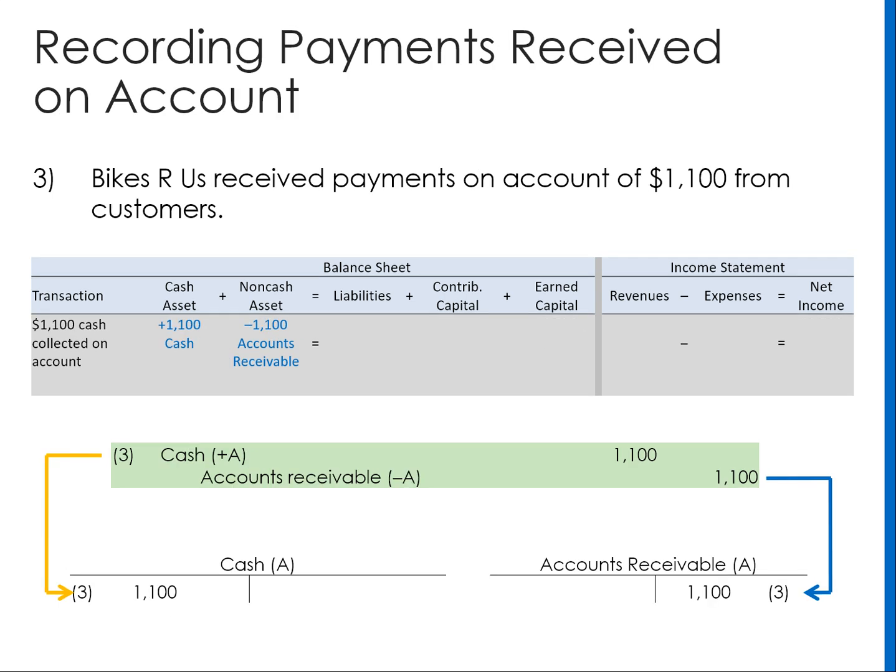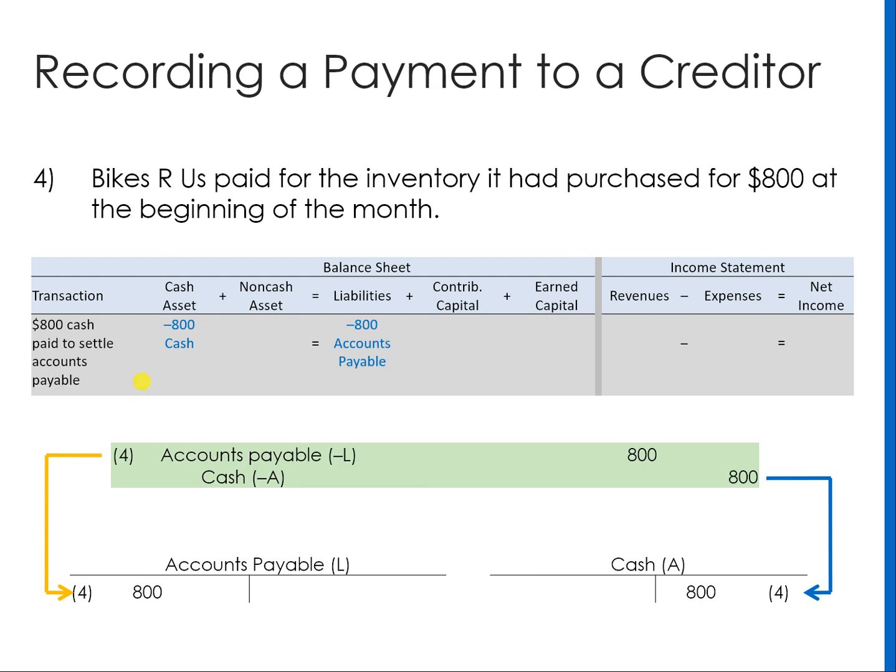Next, we're going to receive payment from customers. So we debit cash, credit accounts receivable. And finally, we're going to pay our vendors. So we debit accounts payable, reducing our liabilities, and credit cash, reducing our cash.